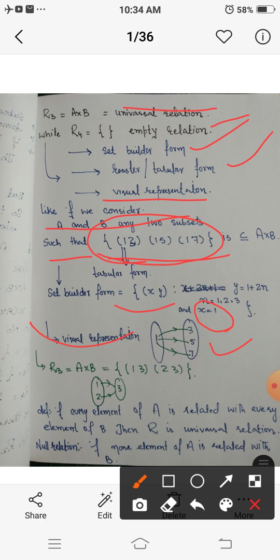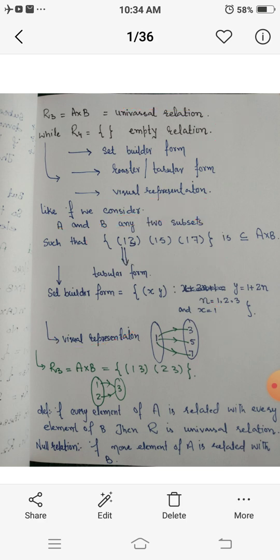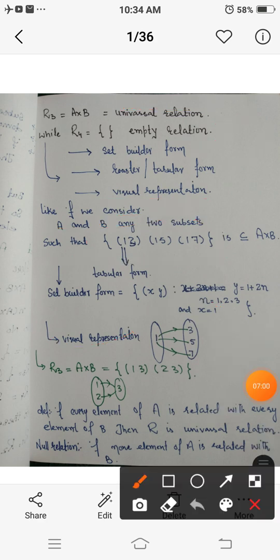Now here, if we consider the previous one, R3 as A cross B, this is the universal relation. How do we define the universal relation? The universal relation is the relation represented by the improper subset, that is, when we consider A cross B as a subset of A cross B, then that very relation is called the universal relation.